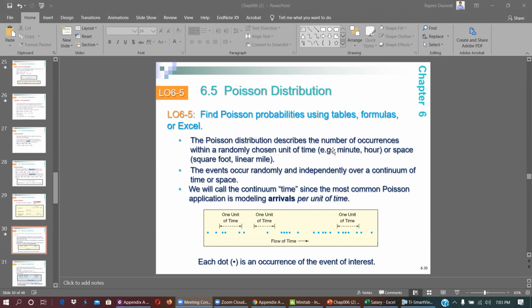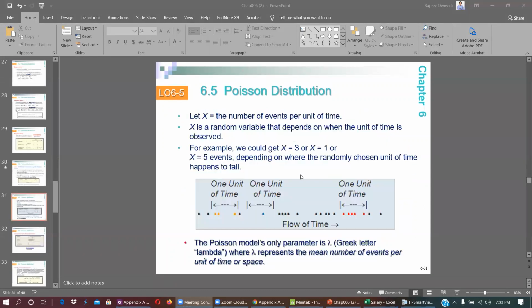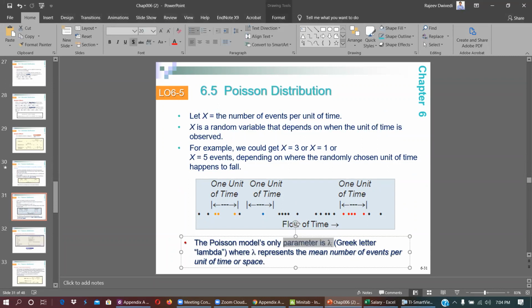Whenever you see only one factor, which is lambda, that average, then you can always use Poisson distribution. The Poisson model's only parameter is lambda, where lambda represents the mean number of events. So whenever you see any situation where you can see mean events, you can always use Poisson distribution.